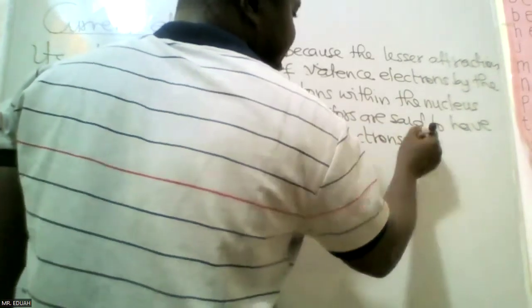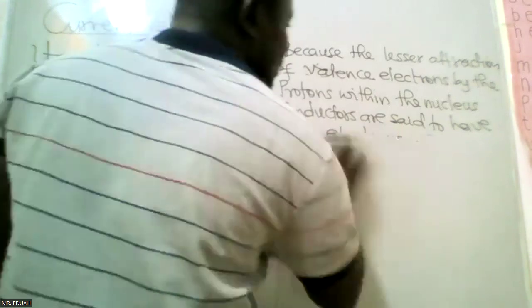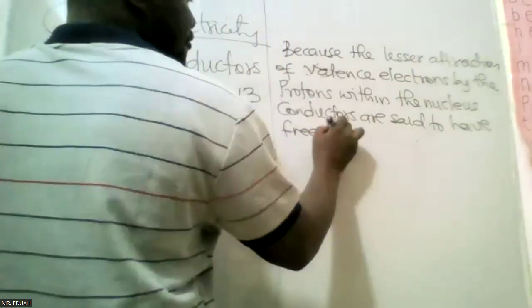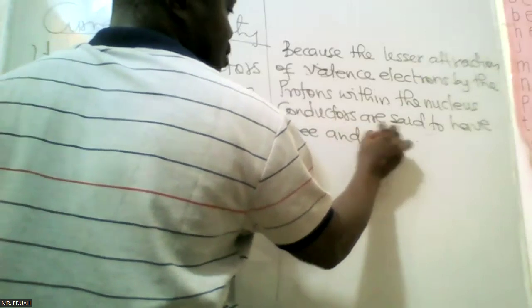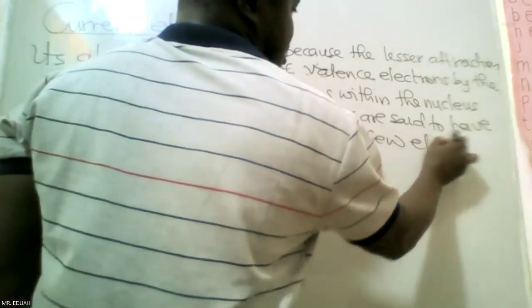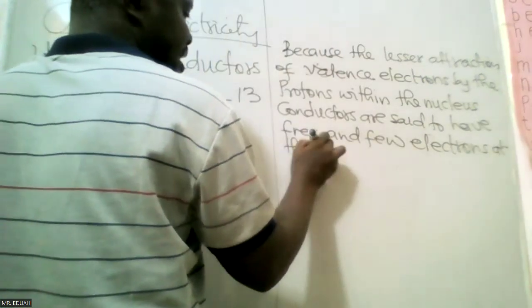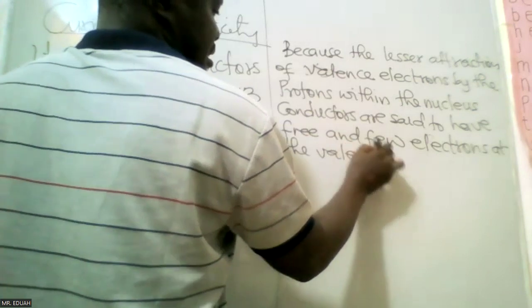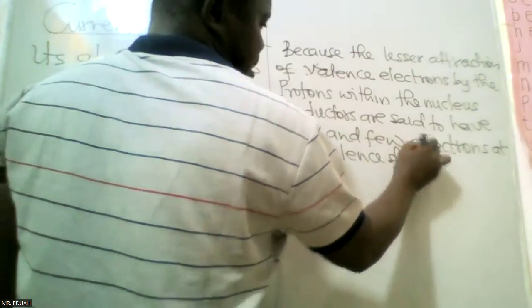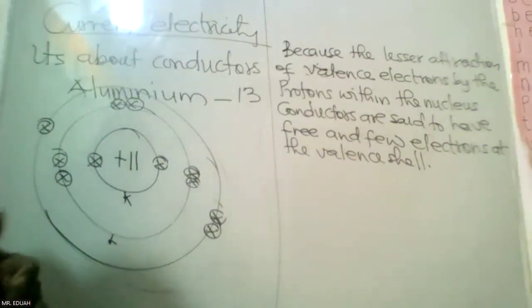Actually, free and few electrons at the valence shell. The valence shell is the last shell.